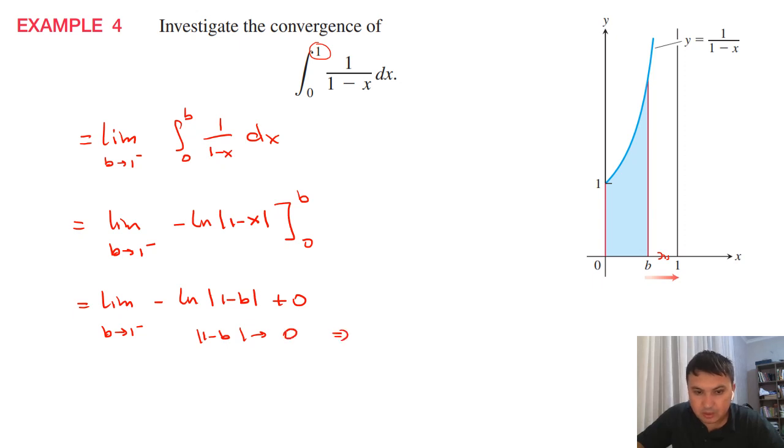But ln 0 is infinite, so this is in fact minus infinity. Regardless of plus or minus infinity, it just blows up. So this limit does not exist, and we say that this integral diverges.